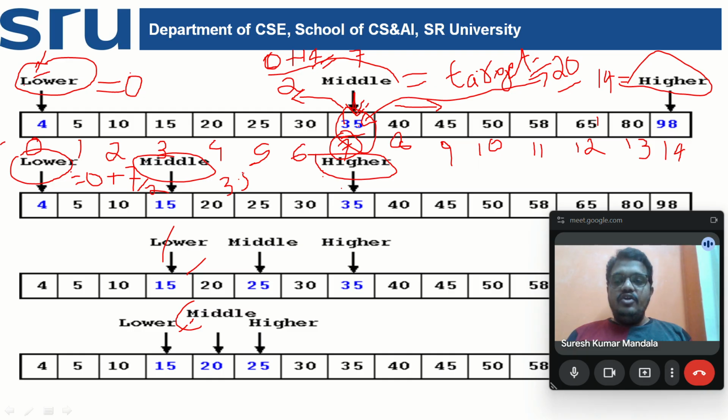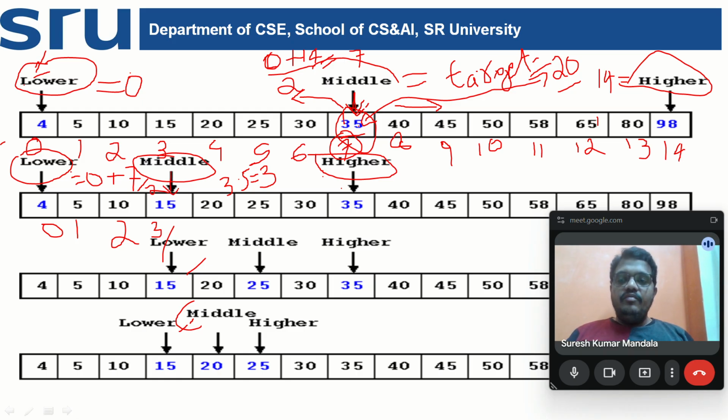In the C language, when you get 3.5, it will be treated as 3 only. The index 3 will be treated as the middle value. The starting indexes are 0, 1, 2 and 3. This index 3 is the value 15, which is treated as the middle value.